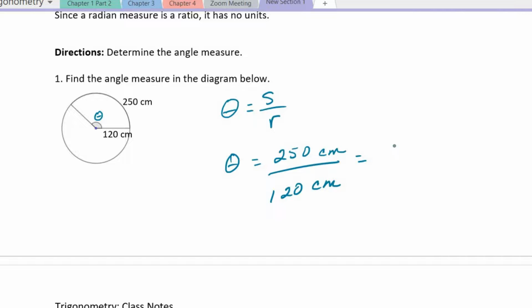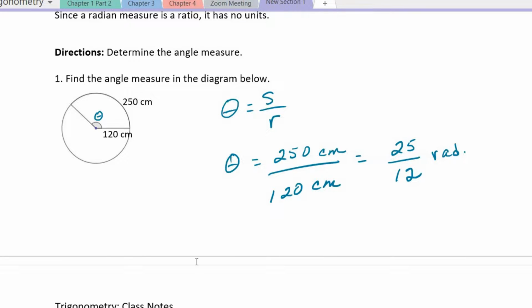So that simplifies to 25 over 12. Notice that my units cancel out. Radian measures do not really have units. It is a ratio. So normally you don't have any units written outside of this number, but every once in a while you will see this written with radians beside it, just to emphasize the fact that we are talking about radian measure.